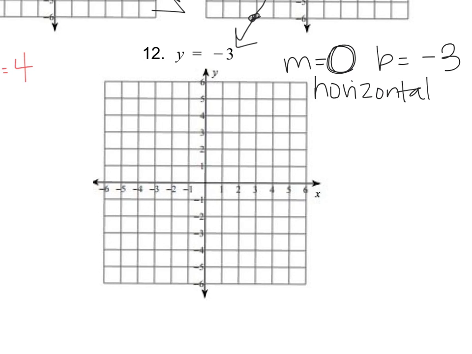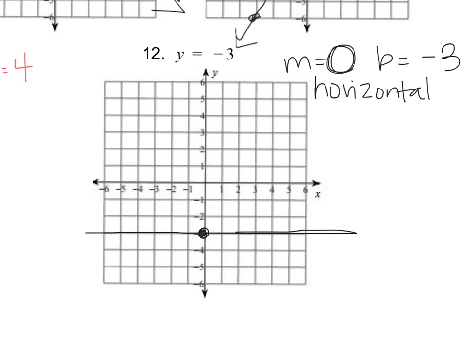So somehow a line crosses at negative 3. That's just a point. How would a line cross at negative 3 if the slope is 0? That just means you're not going up or down any.